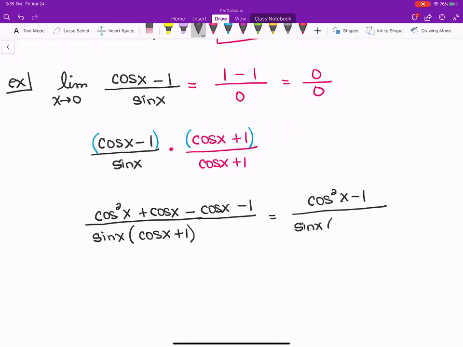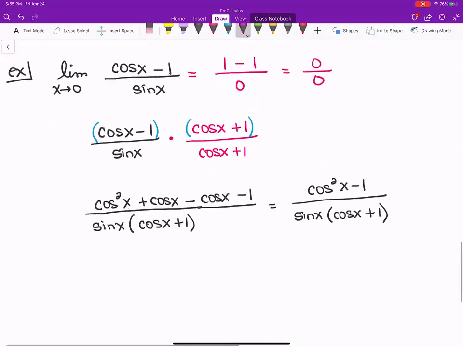Now, I hope that you have not forgotten your identities from last quarter. One of those identities, the Pythagorean one that you really need to always have in your head, is the fact that sine squared of x plus cosine squared of x will always be equal to 1. If I rearrange that, I move the 1 to the left side, that would give me cosine squared of x minus 1, which means that that's really equal to negative sine squared of x.